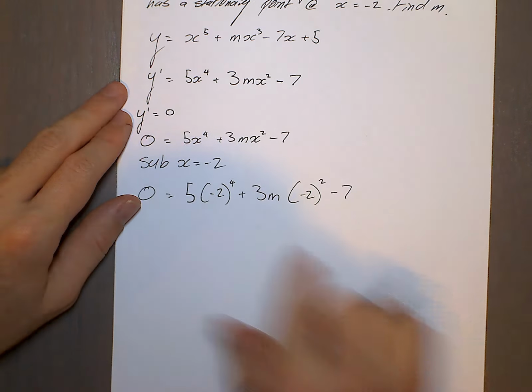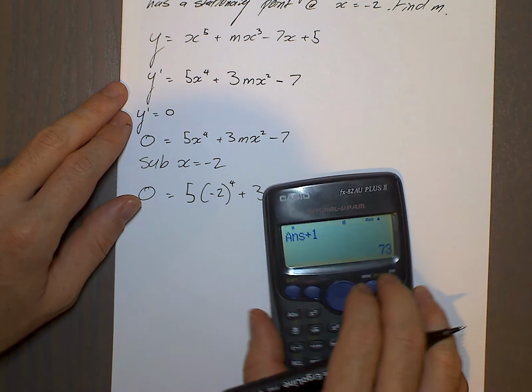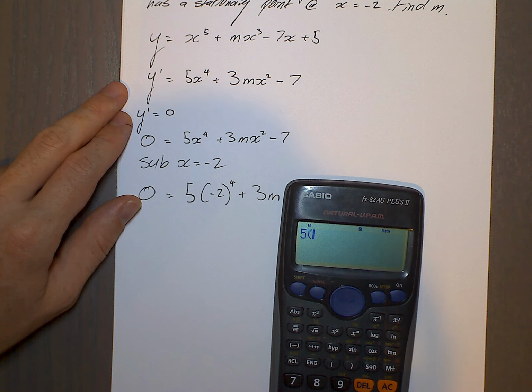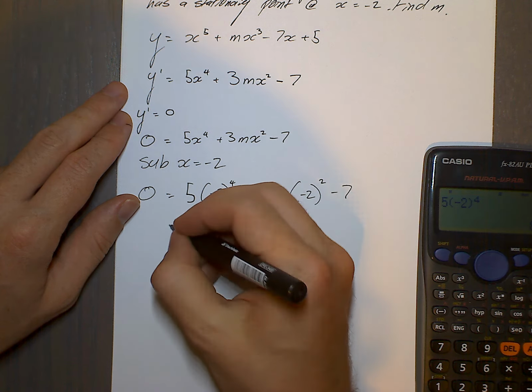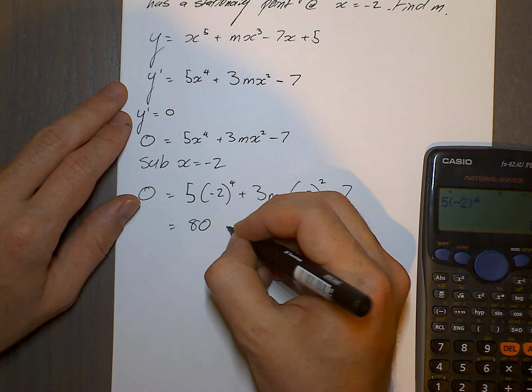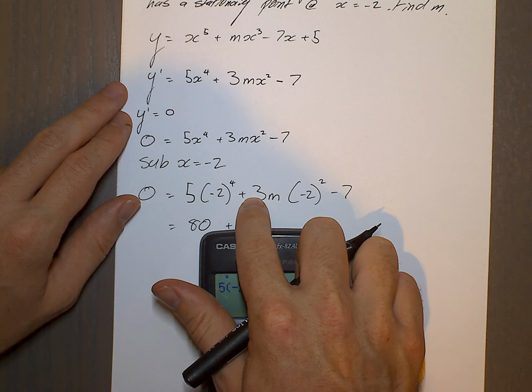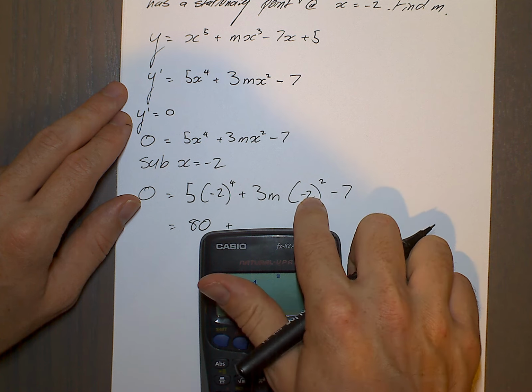Okay. What's going to happen here? I just need to put it in my brackets. 5 times negative 2 to the power of 4. That's going to give me 80. This is times, I've got to remember that. That's 3 times m times this.